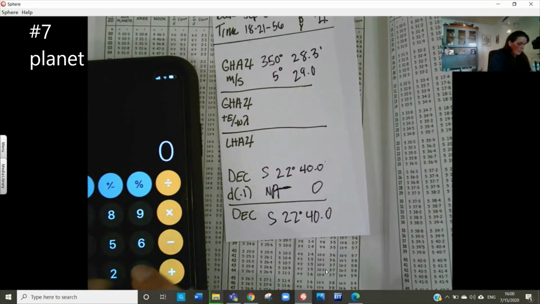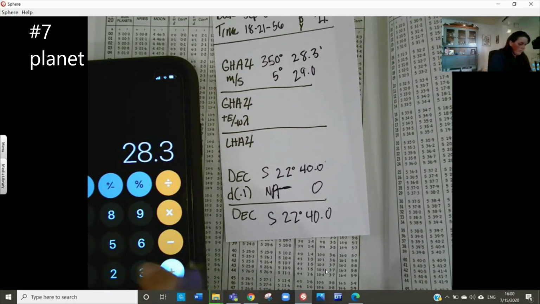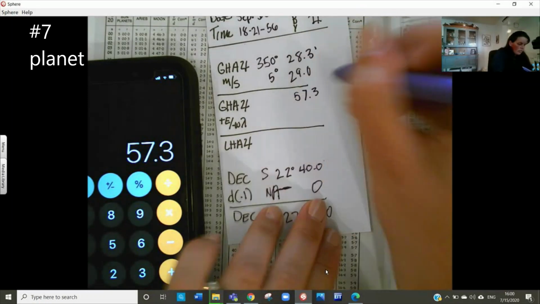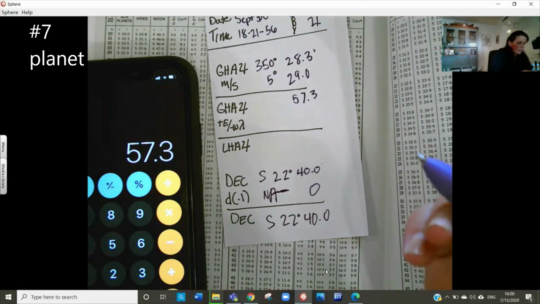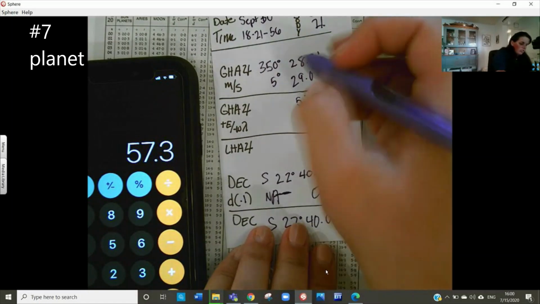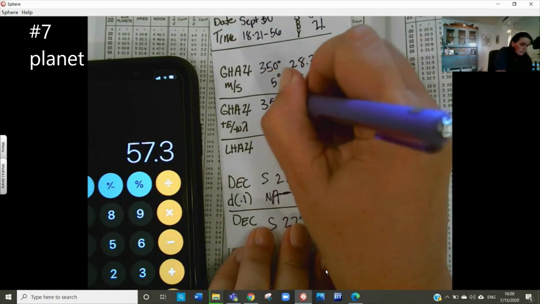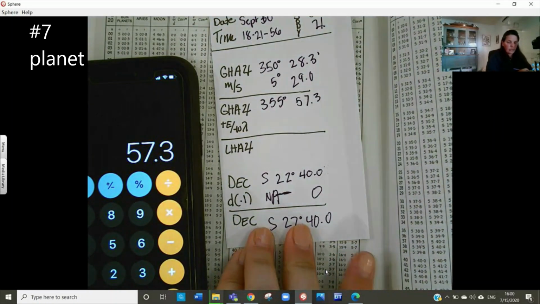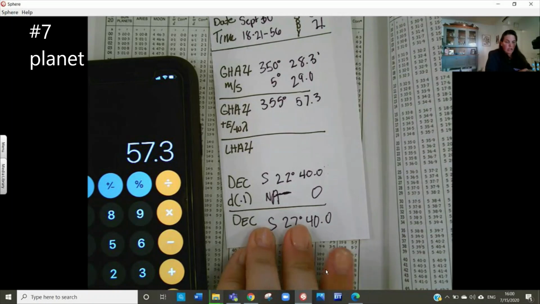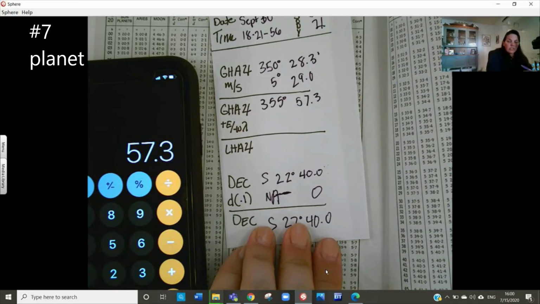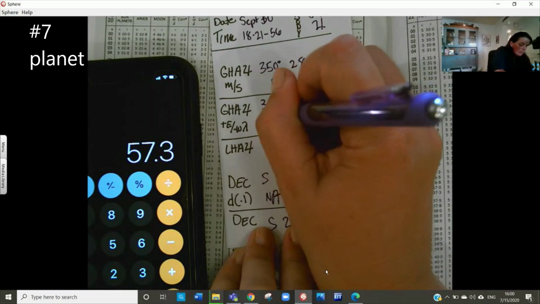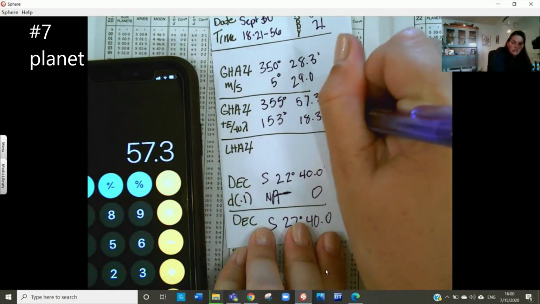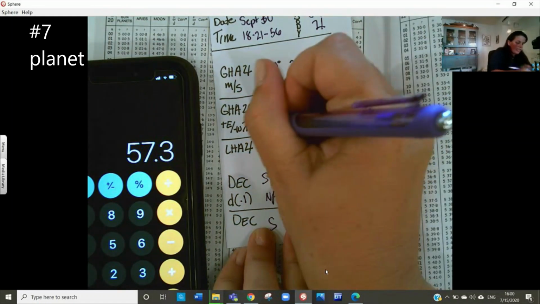We have a GHA of 355 57.3. Our longitude is west, so we're going to be subtracting.